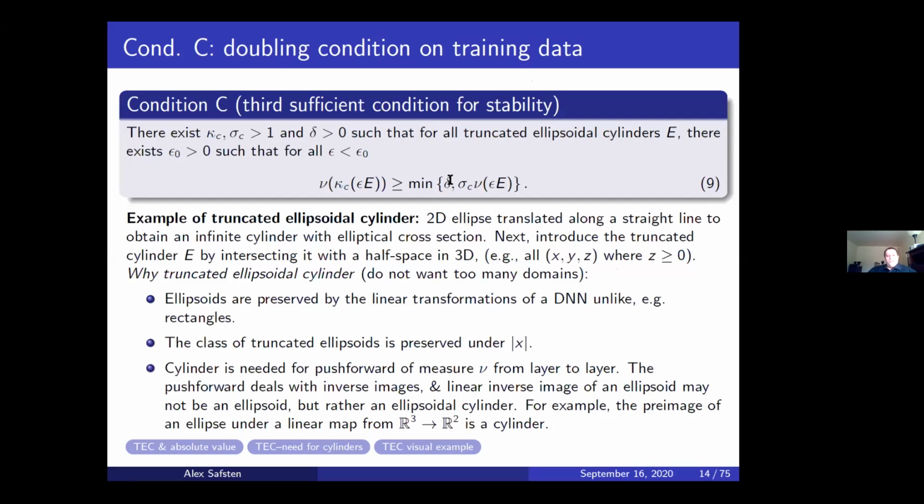The final condition that we will discuss, which we call condition C, is different from the previous two because it is a condition on the training data itself, not on the set of delta x values.